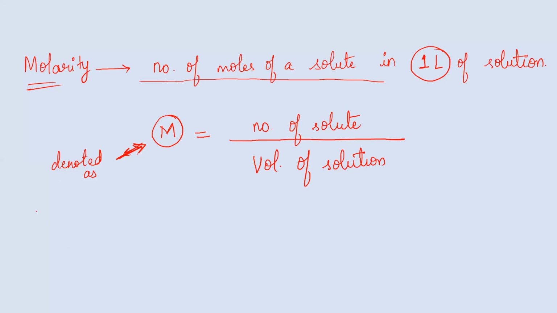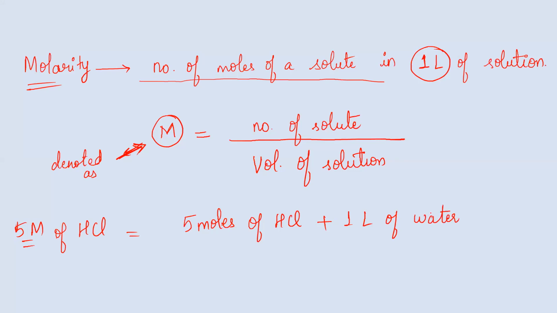If I want to make 5 molar HCl, it is equal to 5 moles of HCl, and I add this to 1 liter of water. And then I get a 5 molar HCl solution.